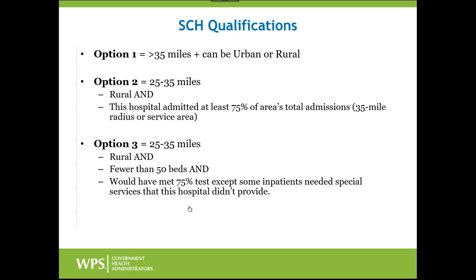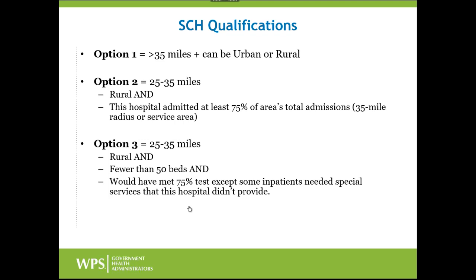Option 2: if you are 25 to 35 miles from the nearest hospital, first of all, you have to be rural. For anything under 35 miles, you have to be rural to qualify for sole community. And in this option, you can prove that your hospital has admitted at least 75% of the area's total admissions within your 35-mile radius or your service area.